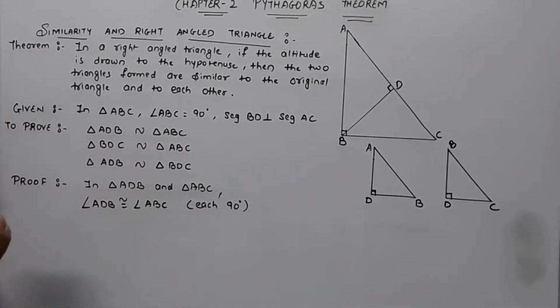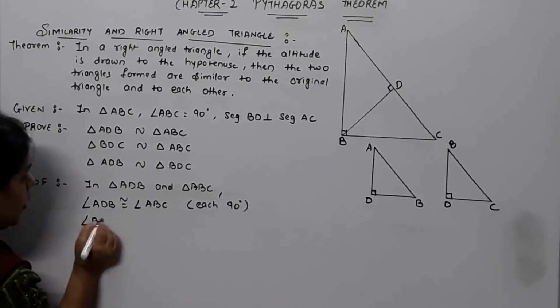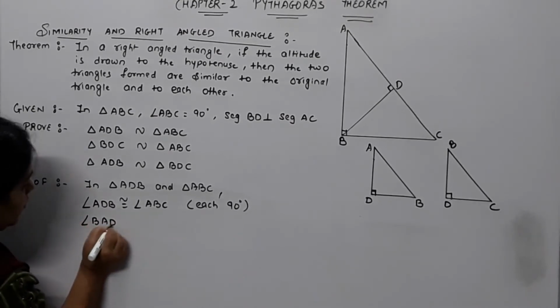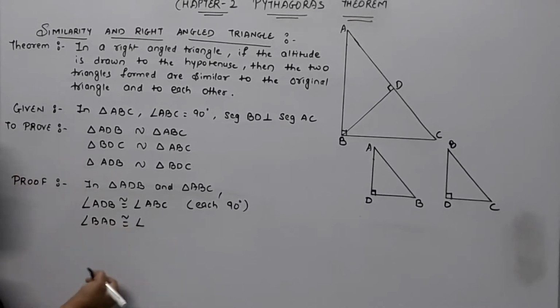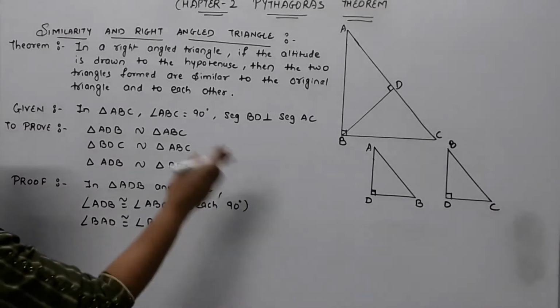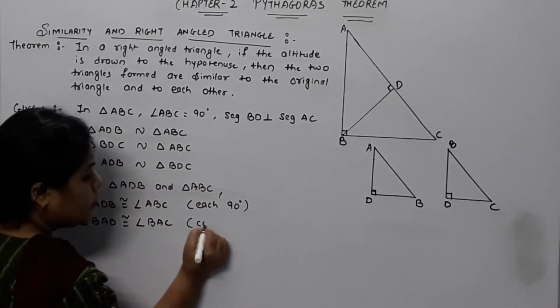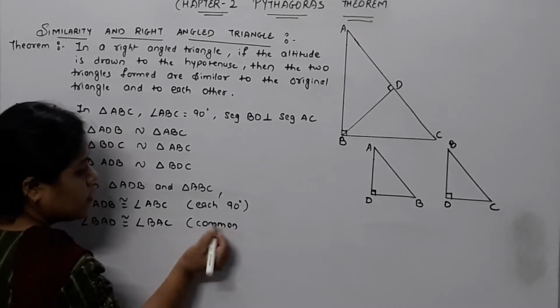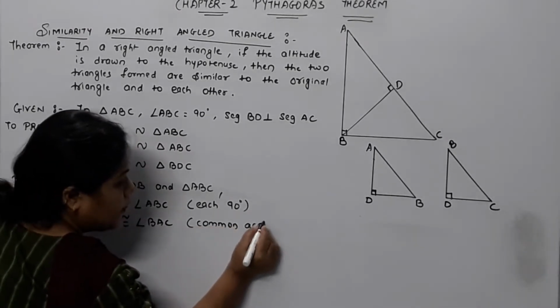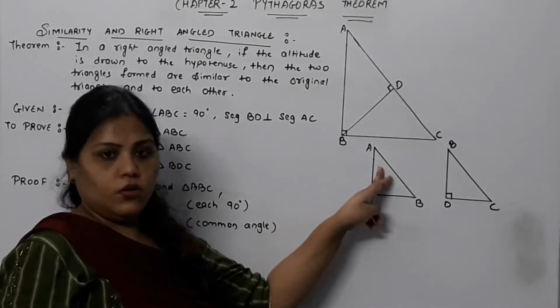And the second part is angle BAD congruent angle BAC. Now BAD is congruent to BAC, that is common angle. This angle A is common. Angle A is congruent to angle A, right?